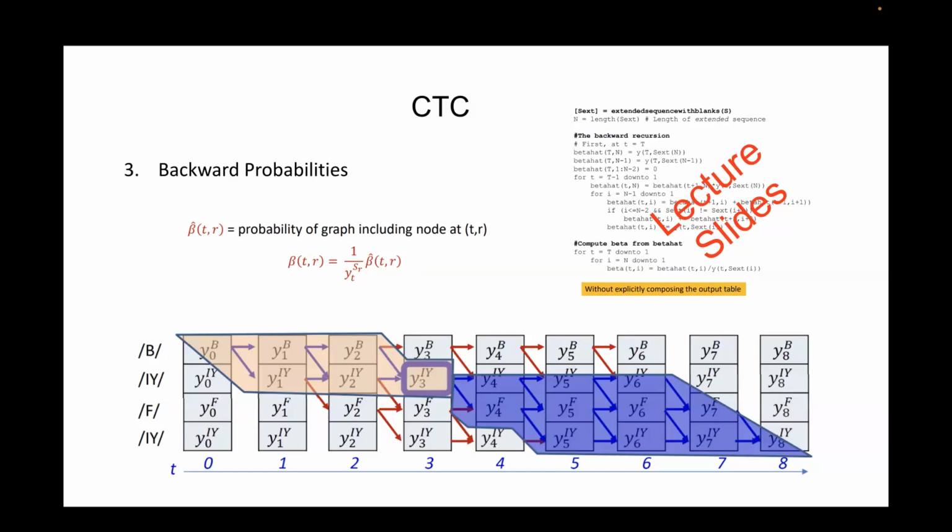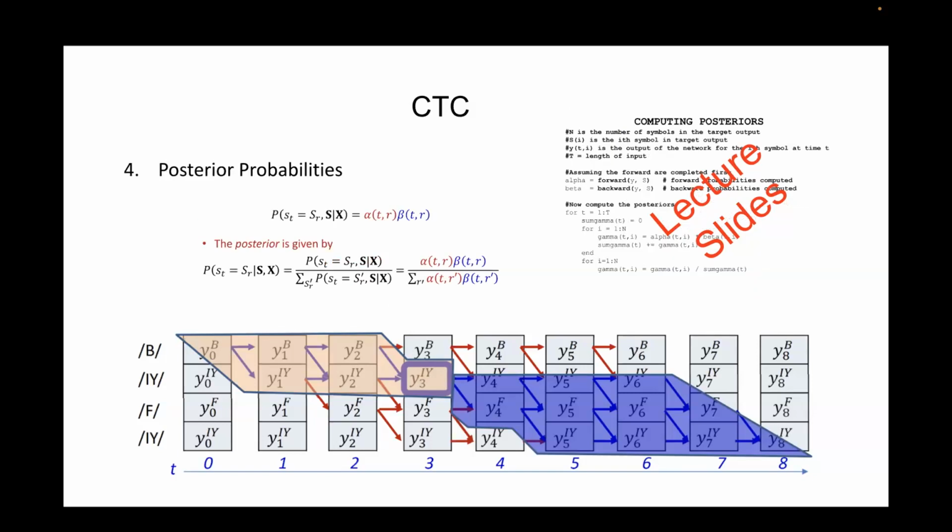So now that you have your forward and your backward probabilities, you can finally calculate your posterior probabilities. The posterior probability is essentially a product of the forward and the backward probabilities, normalized by the sum of all the probabilities in that time step. Again, you can find the pseudocode in the slides that should help you implement these.